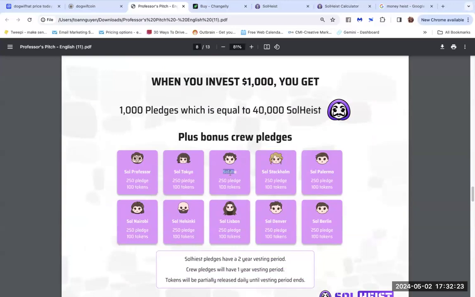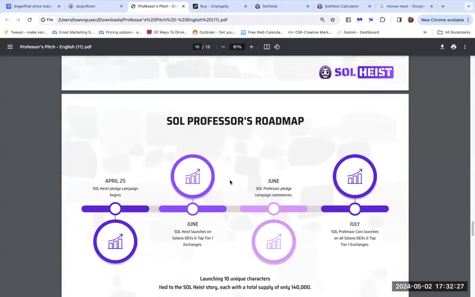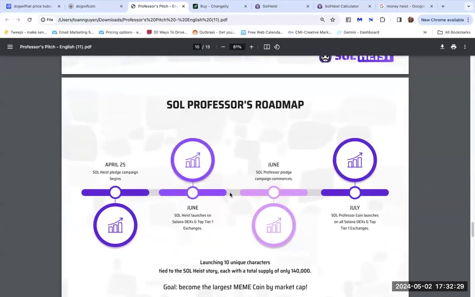Guys, do you understand what they're trying to do? Because you cannot make a pledge for any of these crew tokens without Solheist token. So imagine the community constantly making pledges for every single crew token. And imagine if every person on this Zoom, 152 of us, decide to make a pledge.